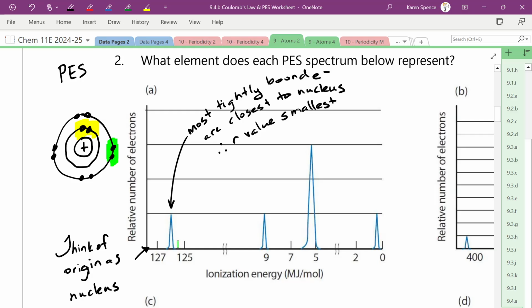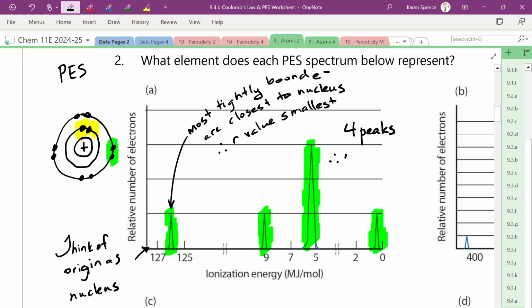So we have 4 peaks. And that tells us that we have 4 occupied subshells. What does each peak represent?